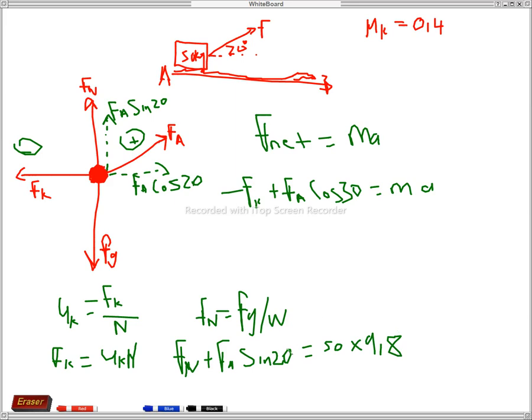So 50 multiplied by 9.8 is just 490, and I transpose Fa sine of 20, which is going to be negative, and my normal force is this one. Therefore it is 490 minus the force applied multiplied by the sine of 20.